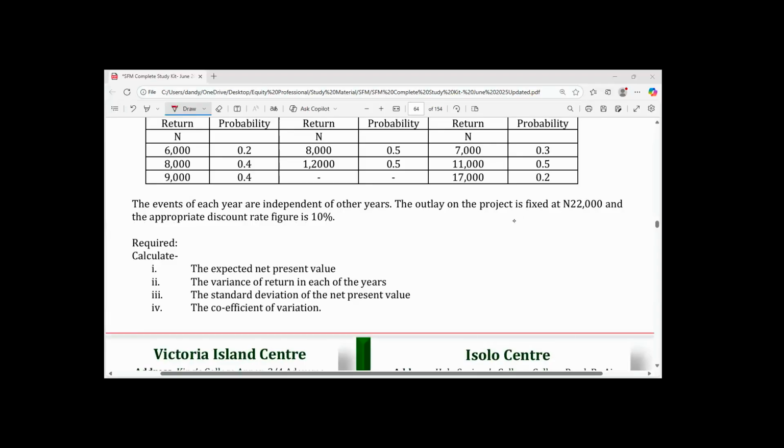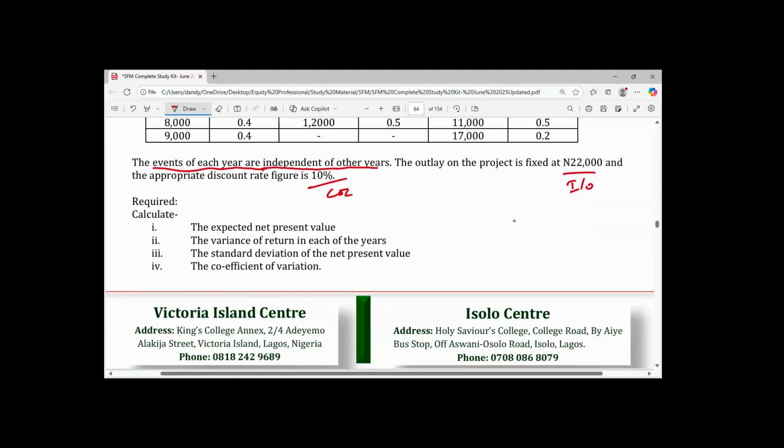The outlay on the project is fixed at 22,000 and the appropriate discount rate is 10%. Required: 1, calculate the expected net present value. 2, the variance of return in each of the years. 3, the standard deviation of the net present value. 4, the coefficient of variation.